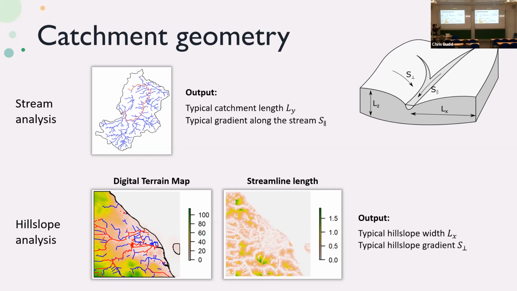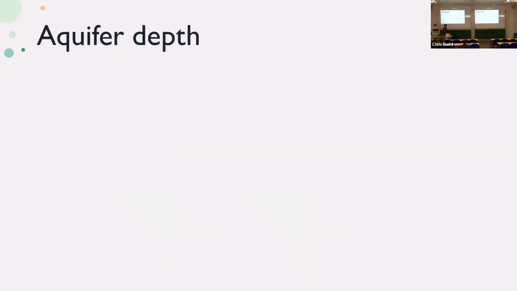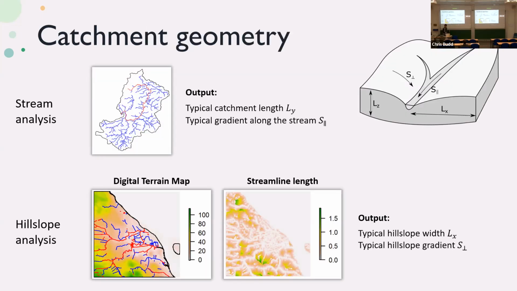By looking at the typical length of those streamlines, we can estimate the width of our catchment, here marked as Lx. Also, by looking at how the elevation of the terrain decreases as we go along the streamlines, we can find the gradient along the hill slope, the gradient approximately perpendicular to the river. So we already have the dimensions, x and y.